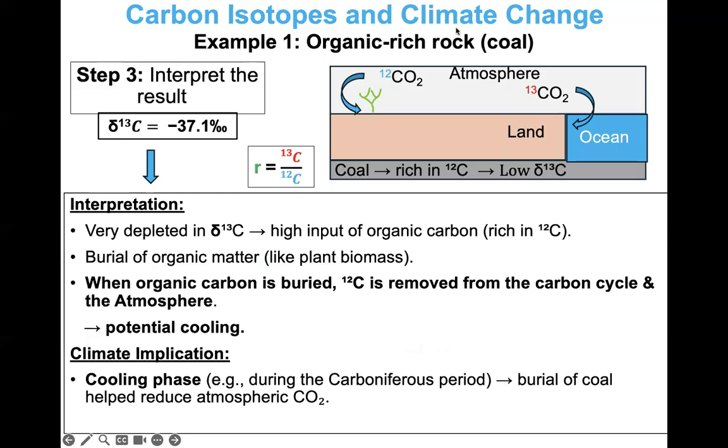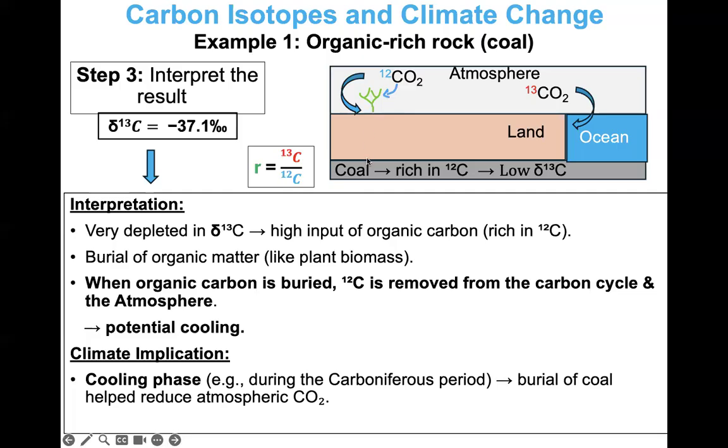So remember, we're talking about organic rock, coal, right here. Why does coal have such a negative delta 13C? It's very simple. The coal comes from plants, and plants take CO2 in to do photosynthesis.